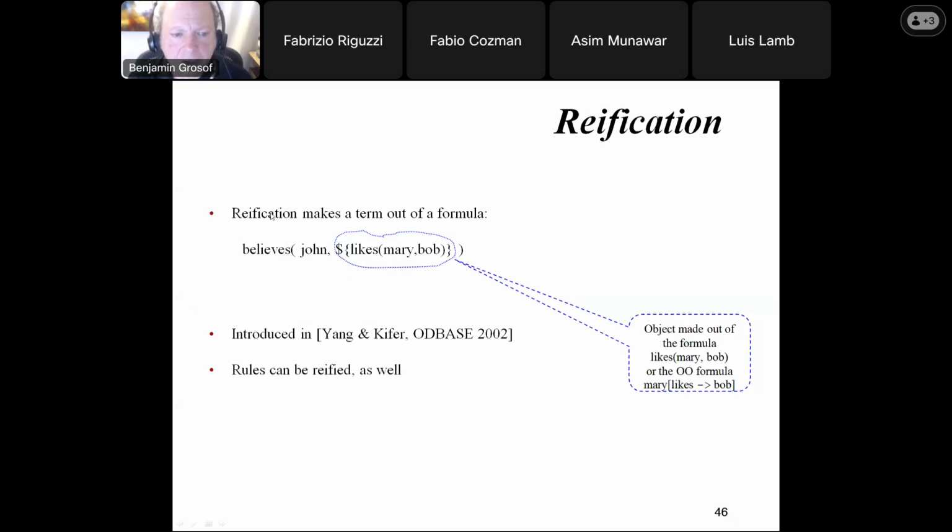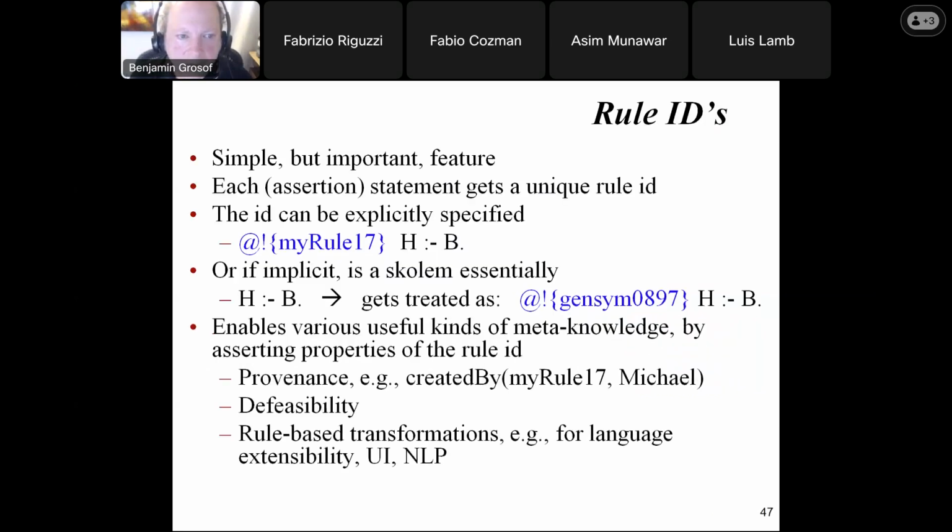It takes a formula and makes a term out of it. We'll write that using the dollar squiggly brace around the formula that you start with, and the result of that is a term, i.e. an object that designates an object that's made out of the original formula. This was introduced about 20 years ago. So whole rules can be reified as well as formulas that are appearing within rules.